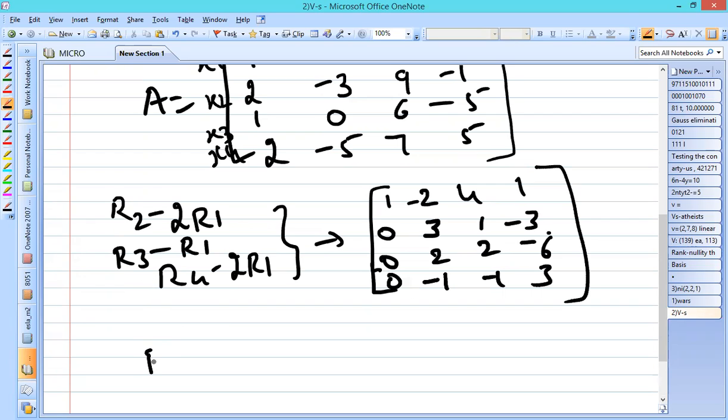Further, it can be reduced by performing R3 minus 2R2 and R4 plus R2.